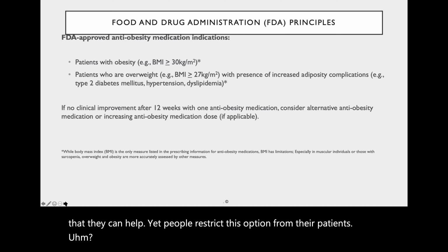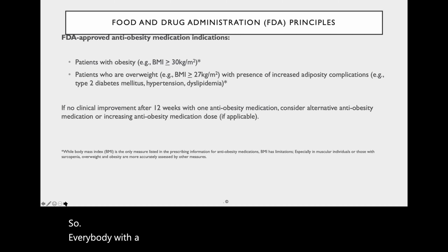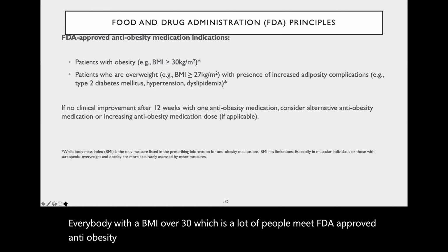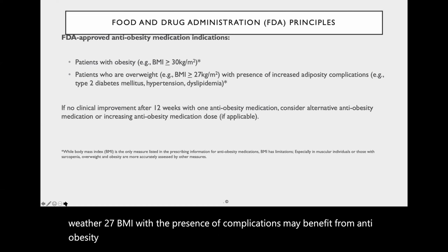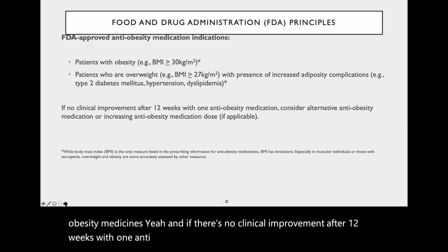So everybody with a BMI over 30, which is a lot of people, meets FDA-approved anti-obesity medication indications, and people who are overweight with a 27 BMI with the presence of complications may benefit from anti-obesity medicines. And if there's no clinical improvement after 12 weeks with one anti-obesity medicine, consider alternative therapy or more than one.